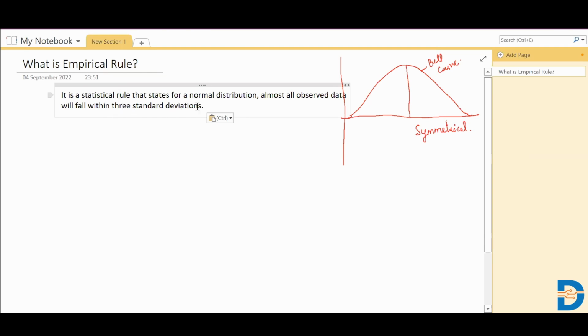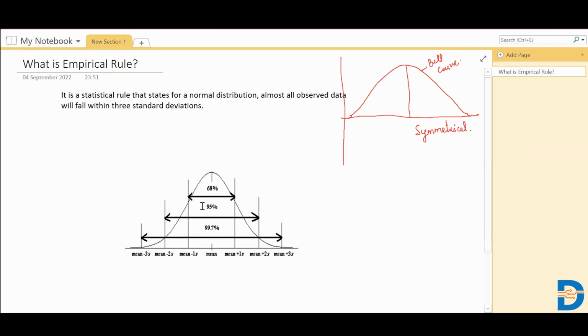It tells us that for a normal distribution, almost all observed data will fall within 3 standard deviations. When you have data which follows a normal distribution, almost all the data will fall within 3 standard deviations.